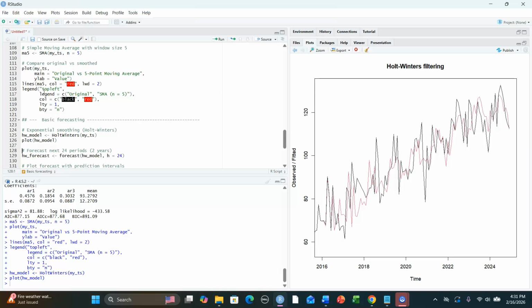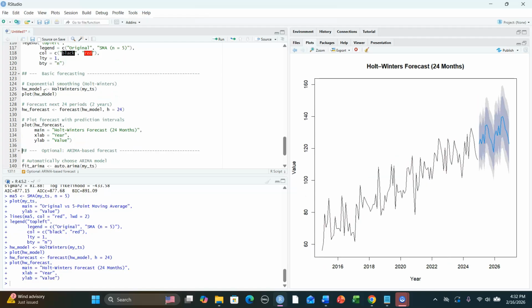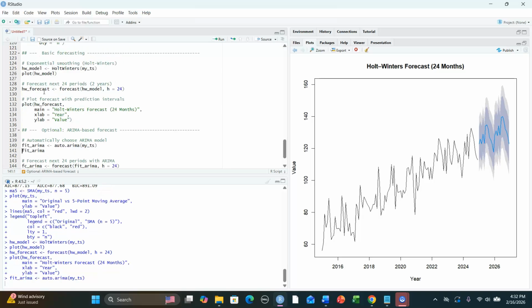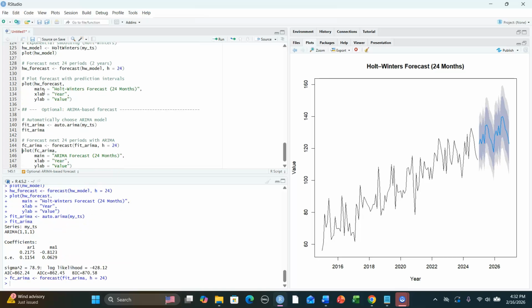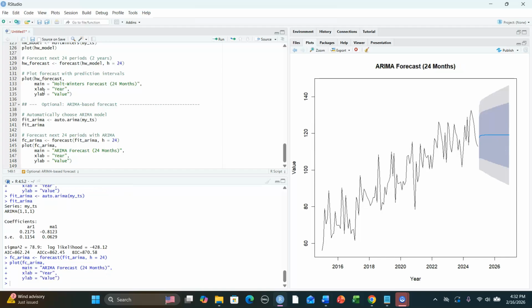Oh, sorry, you do the exponential smoothing, and then you do the forecast based on that, with h equal to 24 for 2 years, and then you can print them out. You can see there's a shaded area. Those are the actual predictions, the forecasts. Okay. And you can also do an ARIMA-based forecast, using auto.arima and then forecasting for 24 months, and then you can print it out to look like that.